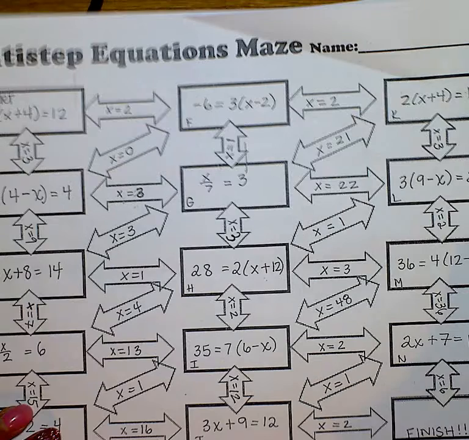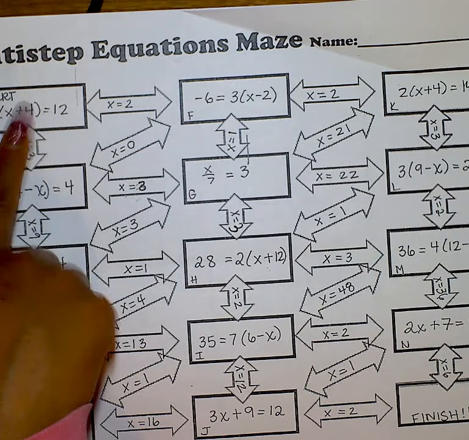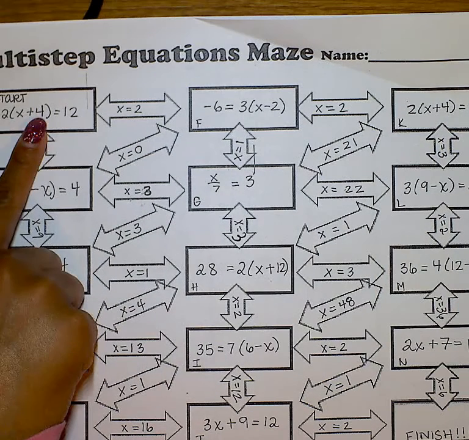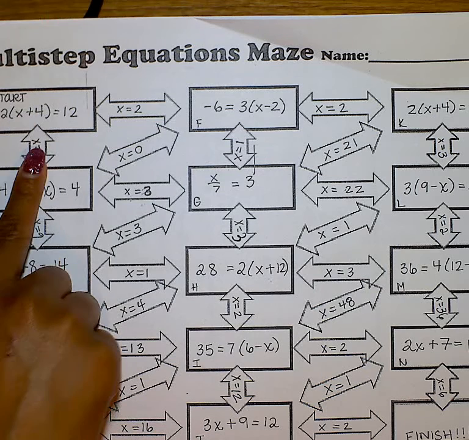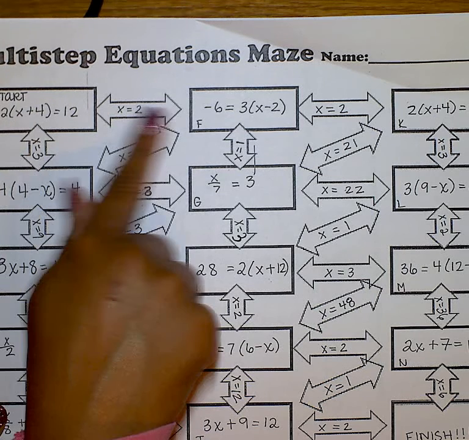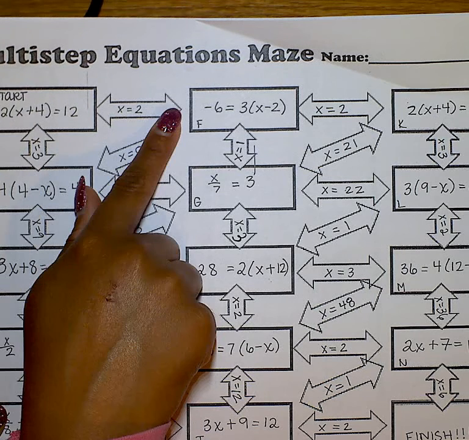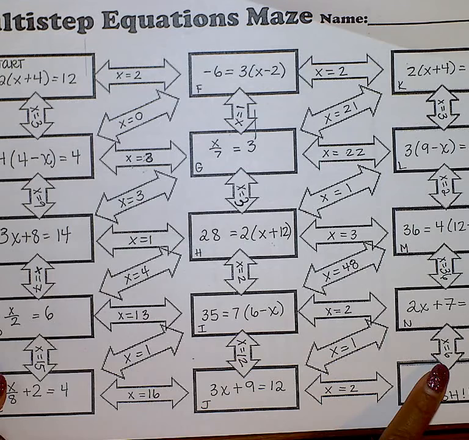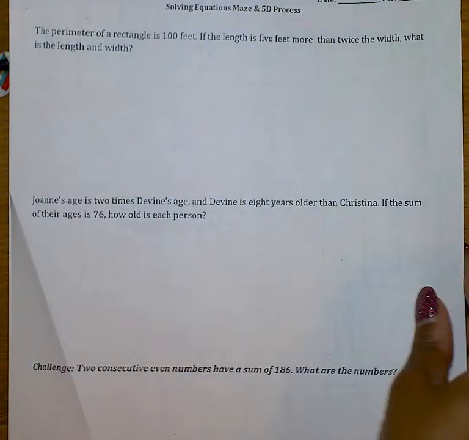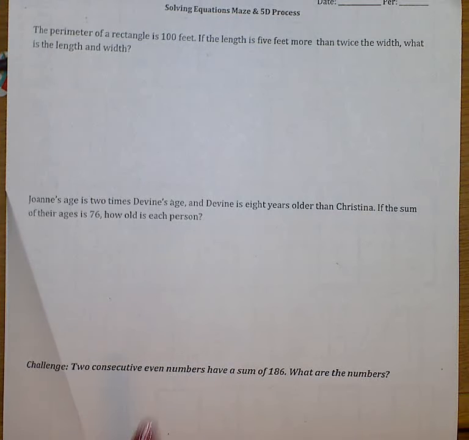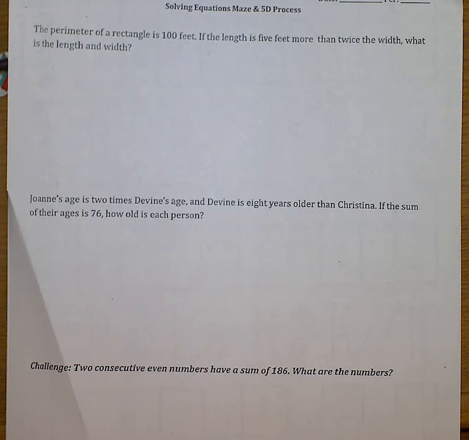You're going to start at the top, and once you solve for x, you can go either here or there depending on your answer, and then keep following until you get to the finish line. Once you finish your multi-step maze, there are 3 problems on the back, 2 of which you have to do. If you finish them, you have an extra challenge. Please begin when you're done with this video.